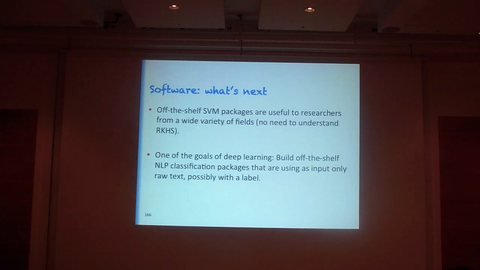Lots of people have been using SVMs without having to understand the math behind SVMs. And we need something similar for deep learning. There are already some pieces out there, and I've given you some pointers. But it would be nice to build off-the-shelf NLP classification packages that use deep learning and are very generic, using only raw text as input, as well as possibly labels for labeled data to help solve particular tasks you're interested in.